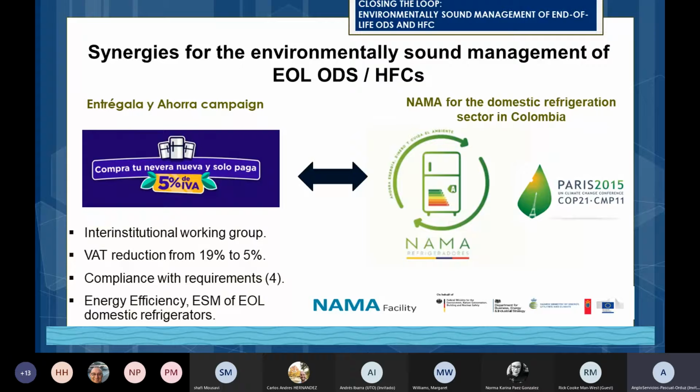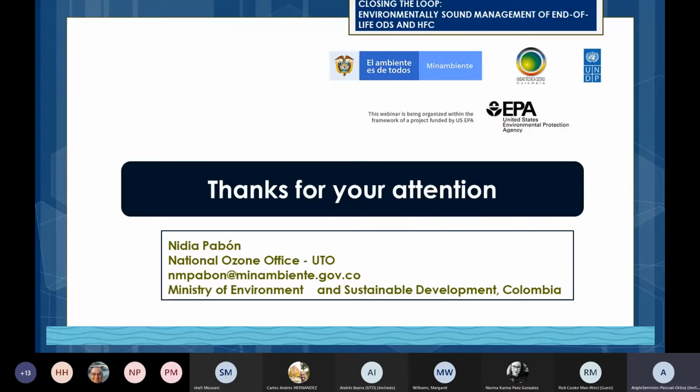And then next one, I think this is all about my presentation. As a conclusion, I'd like to mention, as Rick mentioned in the introductory presentation, there is not one single financial mechanism to manage ODSs at the end of life, but the idea is to have a combination of different mechanisms, or better, to be able to establish synergies amongst different financing sources.